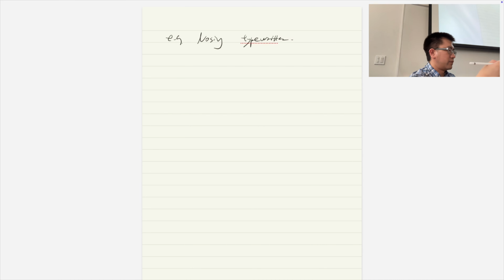For the noisy typewriter, basically if we type a letter, then there's a positive probability that it goes to another letter, right? So now let's consider this example. Let's say we have 0, 1, 2, 3, 4. We have 5 letters, right?